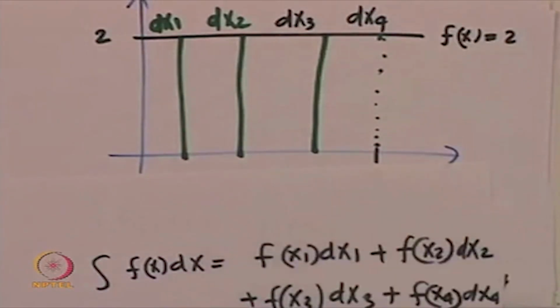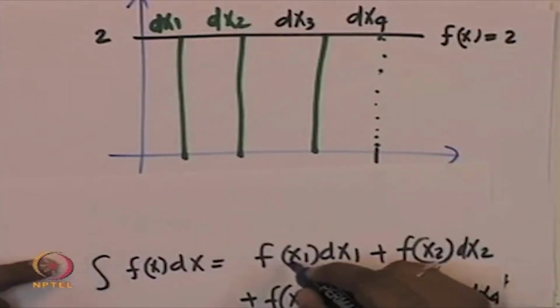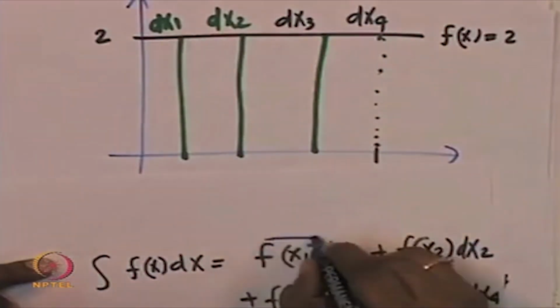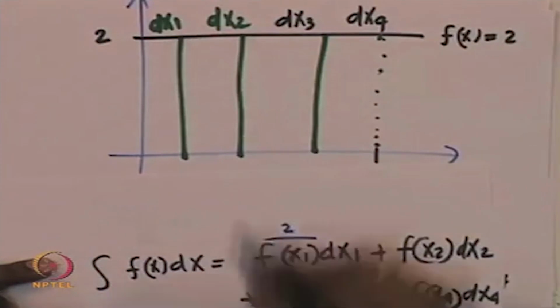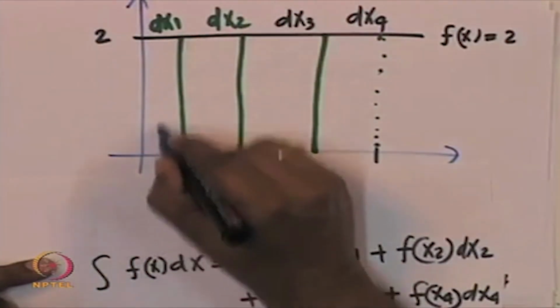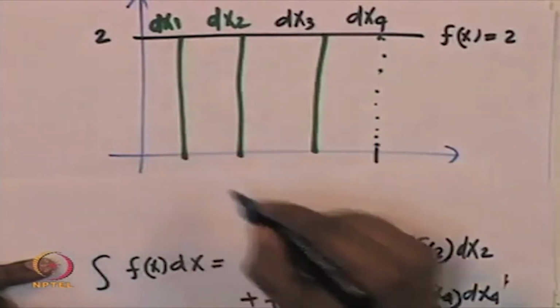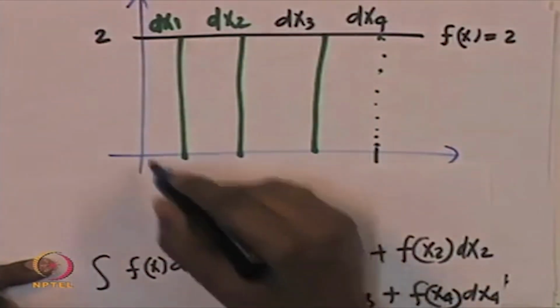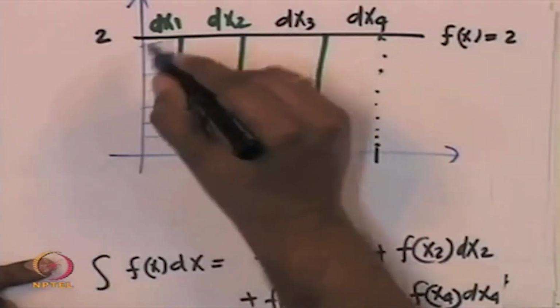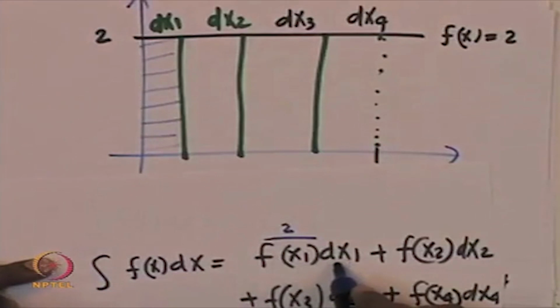So, the function value f at any point x1 anywhere here is 2 itself. So, this is 2 into dx1. Basically what we are calculating is height into width, the area of this box. So, we calculate the area of this box, that is f of x1 into dx1.